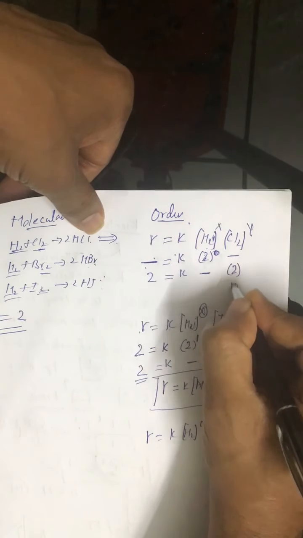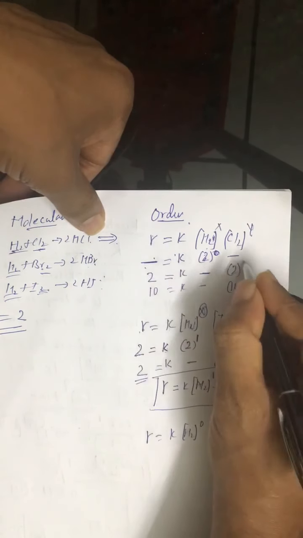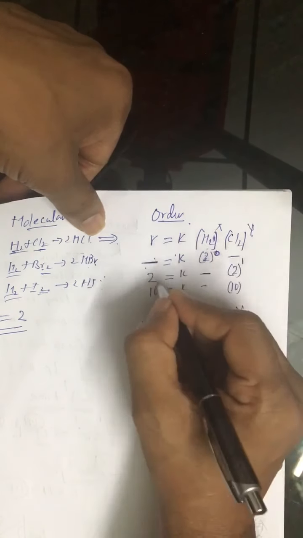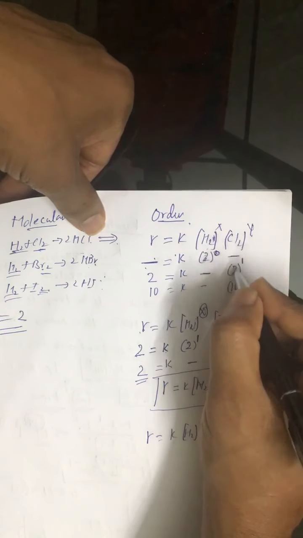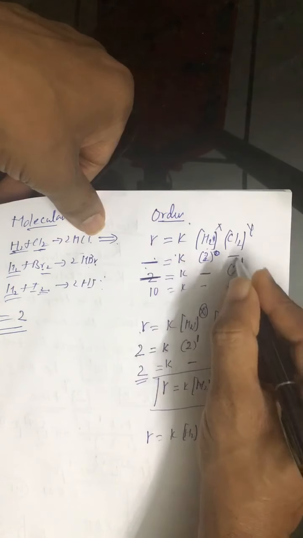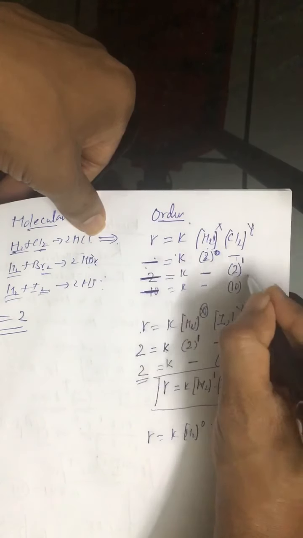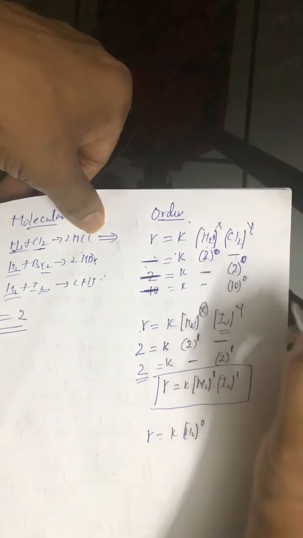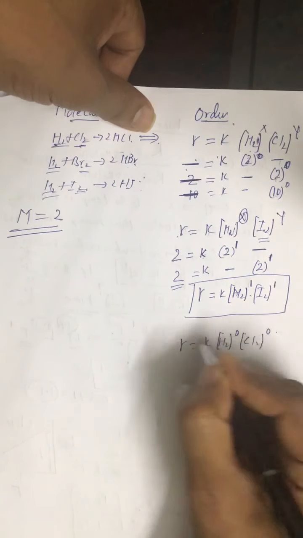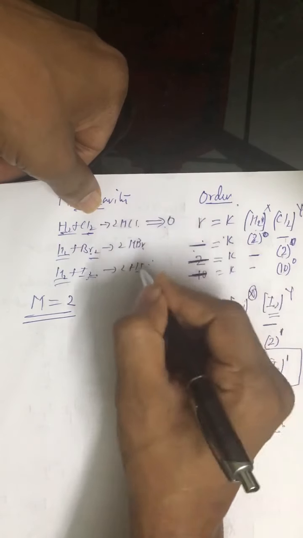When the concentration of chlorine becomes 10 times, the rate of reaction remains unaffected. On the basis of this, we can say the order of reaction with respect to chlorine is also 0. So for the first reaction, order of reaction is 0.